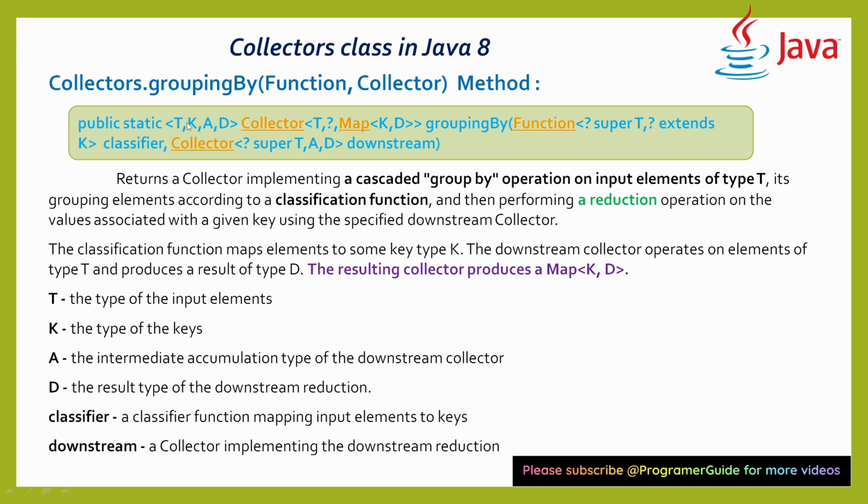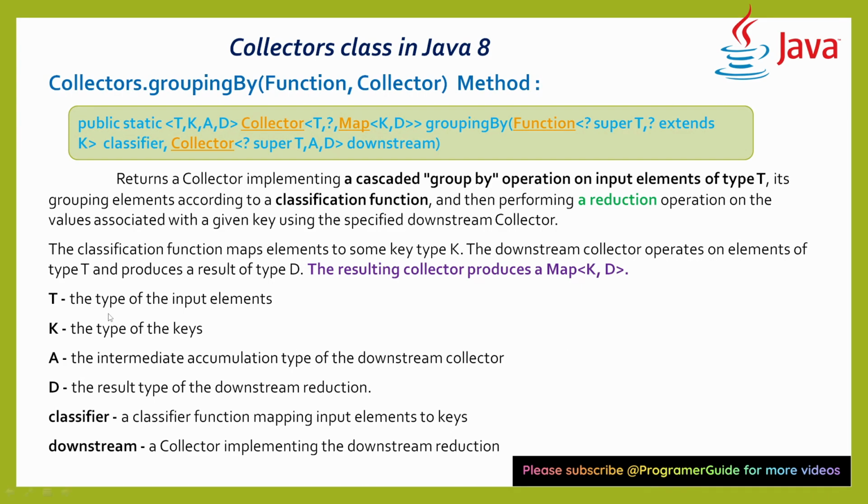Here T, K, A, D are the parameters. T represents the type of input elements, K represents the type of keys, A represents the intermediate accumulation type of the downstream collector, and D is the result type of the downstream reduction. So K and D are displayed as the map result.